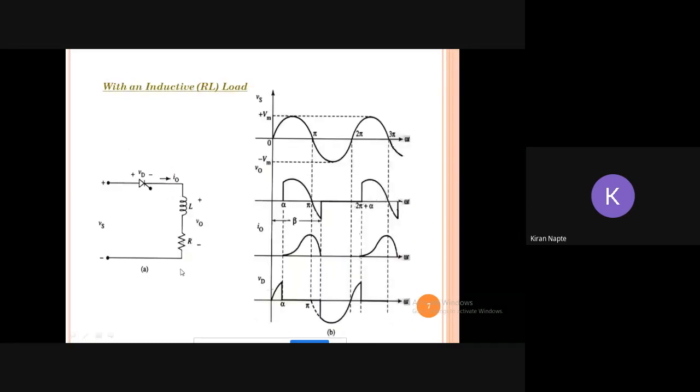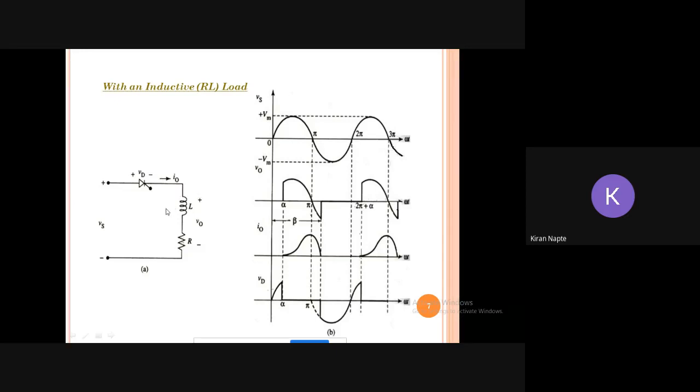Look at this. This is the circuit for a single phase half wave controlled rectifier with inductive load. Keep in mind that whenever we talk about an inductive load, the inductor will not be alone; it must be represented with R also. So at the output side, it will be a combination of RL.